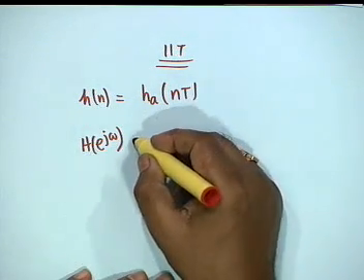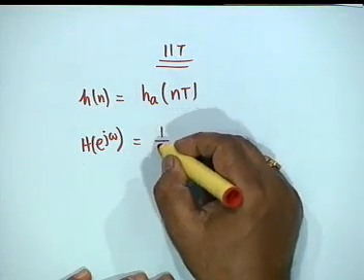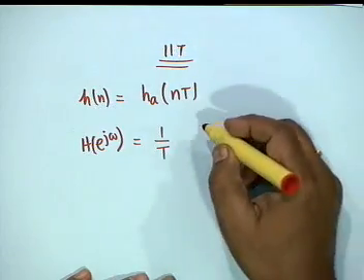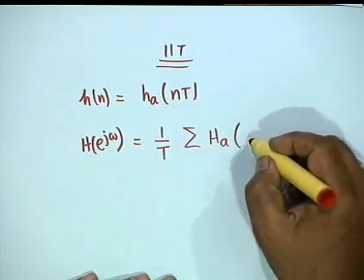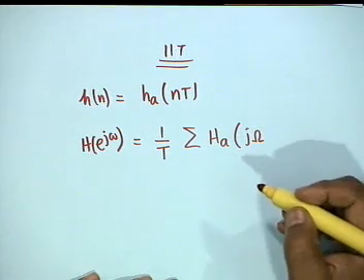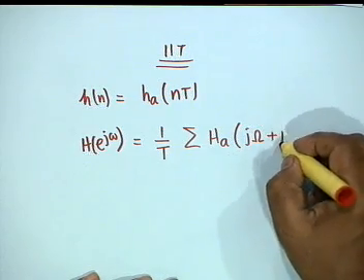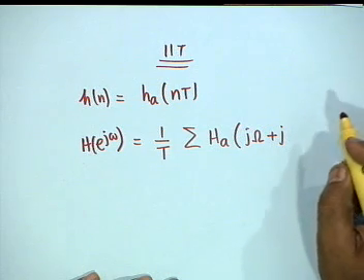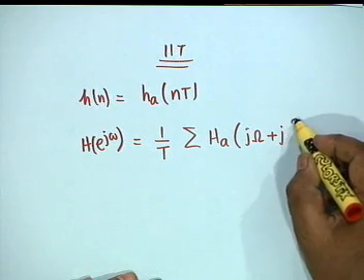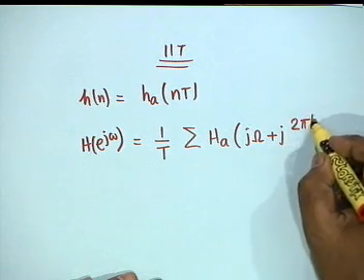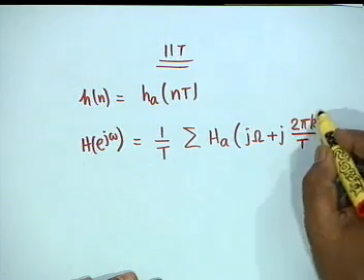We have already derived this. This is equal to summation 1 by T, if you remember, summation H_a of j omega plus j 2 pi k by T.